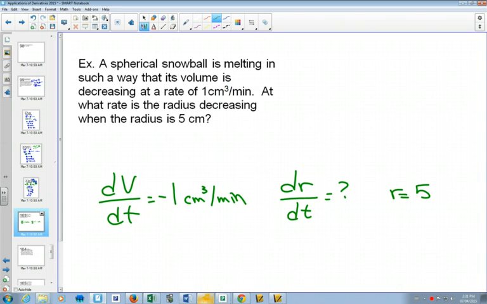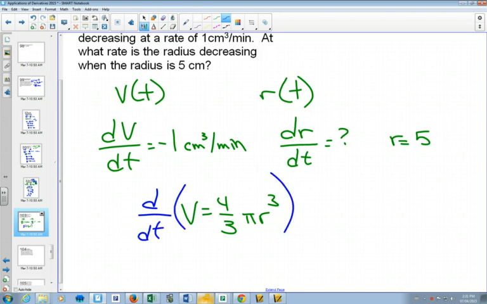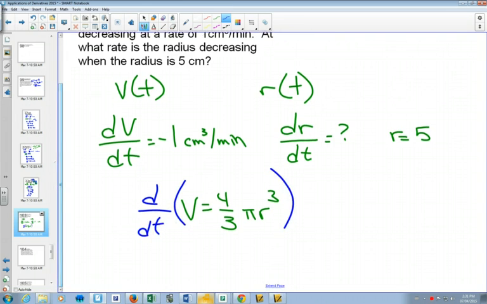So we know that volume is a function of time, and we know that the radius is a function of time. And we already discussed in the question before, the volume of a sphere is 4/3 pi r cubed. So then we can use implicit differentiation, take the derivative with respect to time.